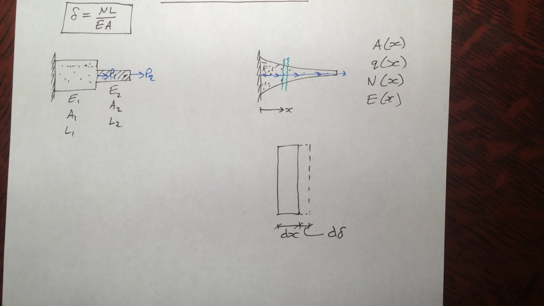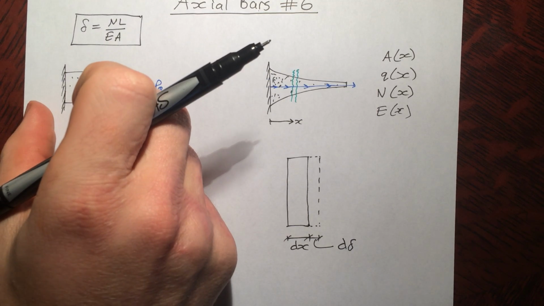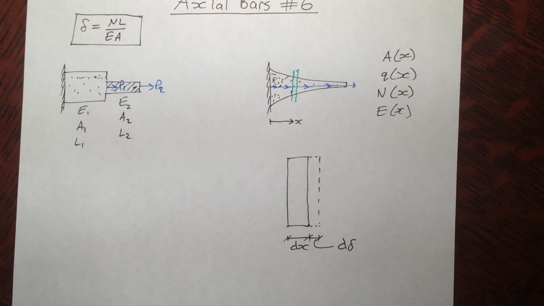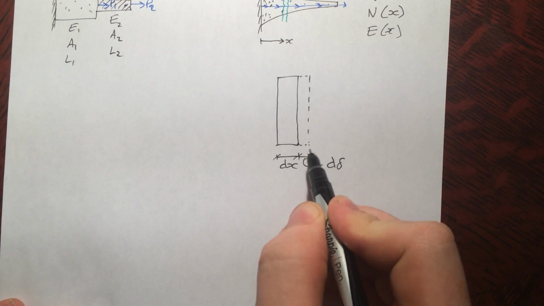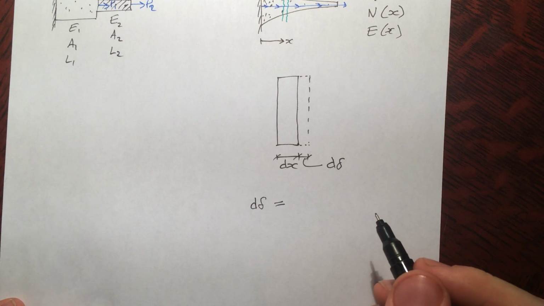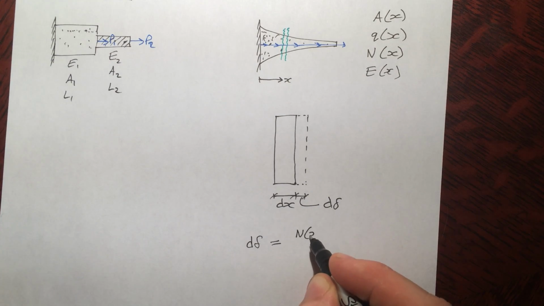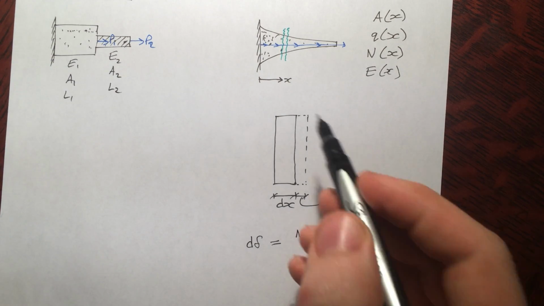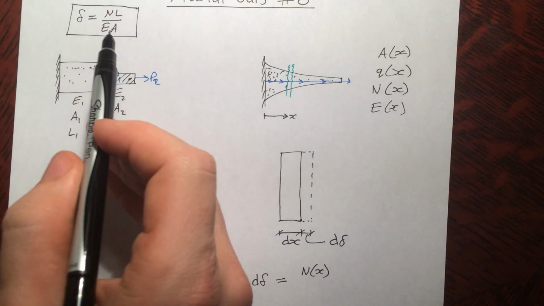Well, we can do it the same way we found the elongation of one of these pieces. If we have a piece where all the properties are the same, we just write this equation down for that piece. That's exactly what we're doing here. The elongation d delta for this piece is equal to the N at that piece, which would just be N as a function of x evaluated at a distance x away, times the length of that piece.